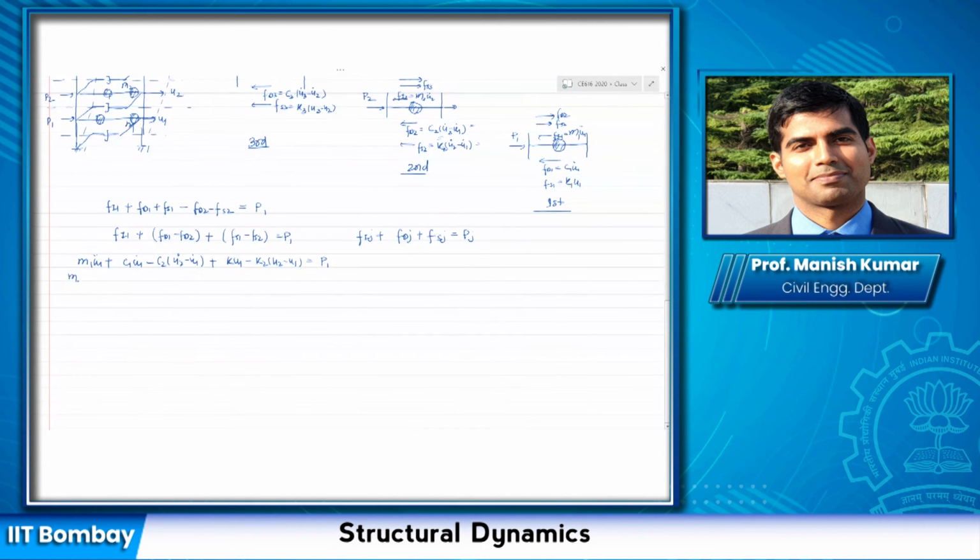So I can rearrange this and write this as c1 plus c2 times u1 dot, minus c2 u2 dot, plus k1 plus k2 times u1 minus k2 u2, and this is equal to p1. So this is the equation of motion for the first story.